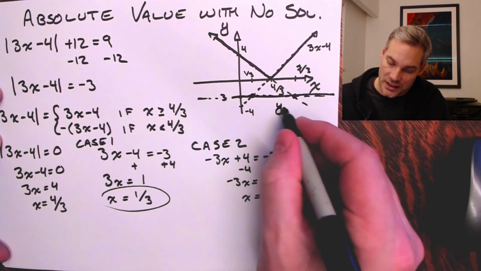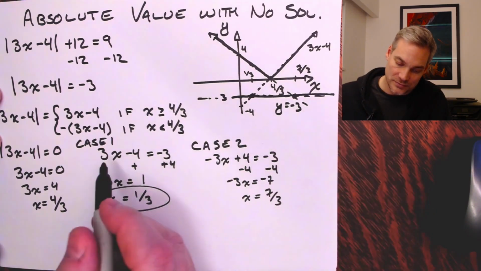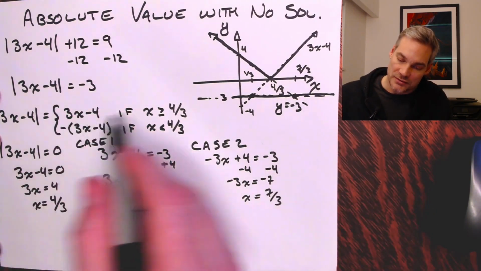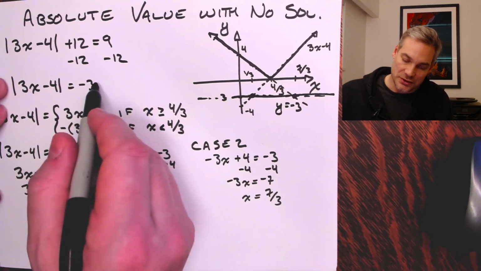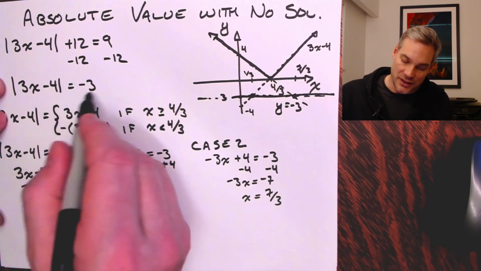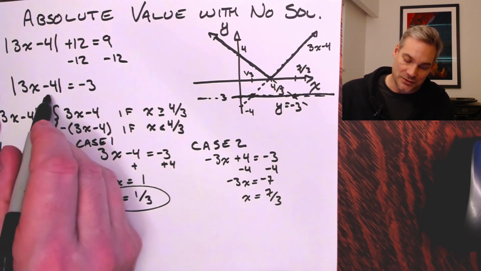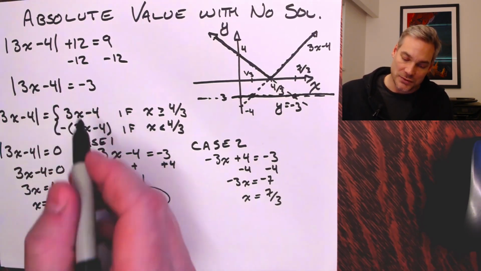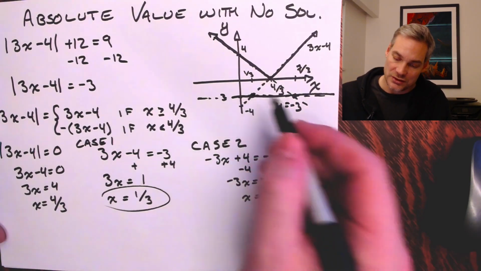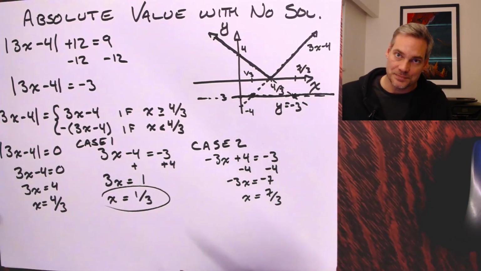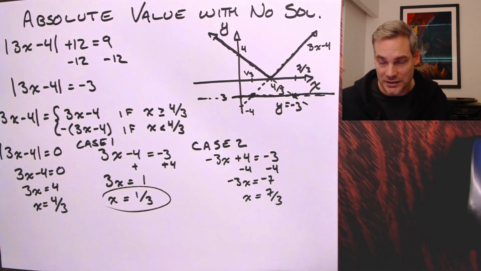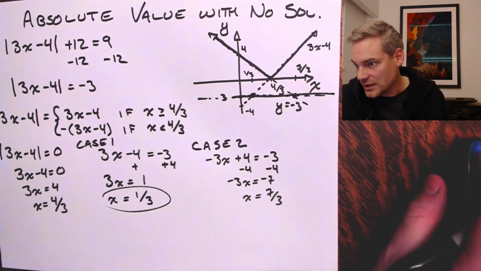So this is y = -3, and that's this part. There is no solution because there is no intersection of this with this. So if y = -3 and y = the absolute value of 3x - 4, there is no real solution. These solutions live outside. So hopefully that makes sense. It should make sense.